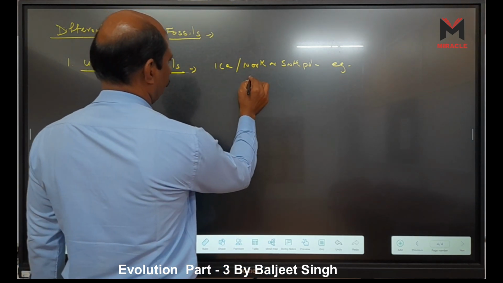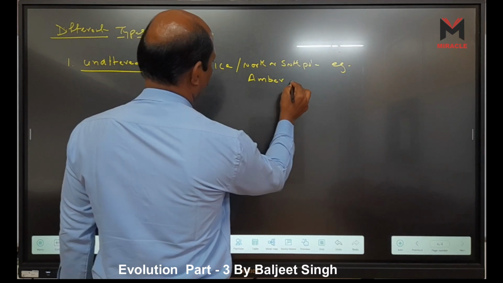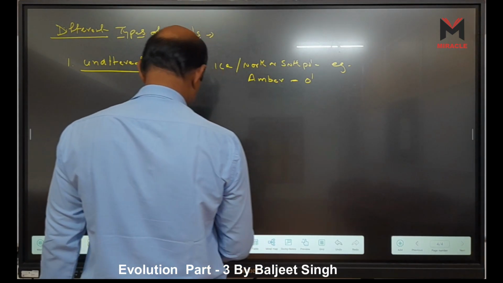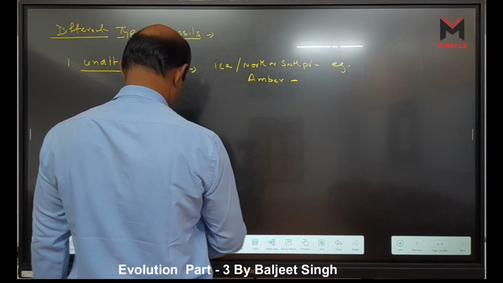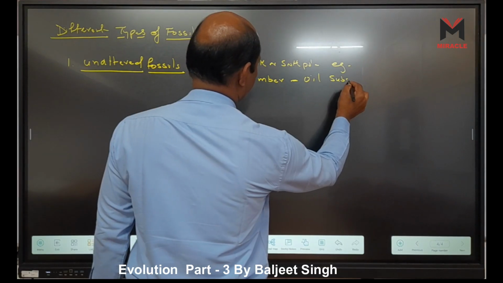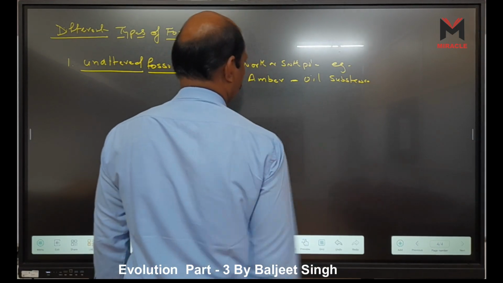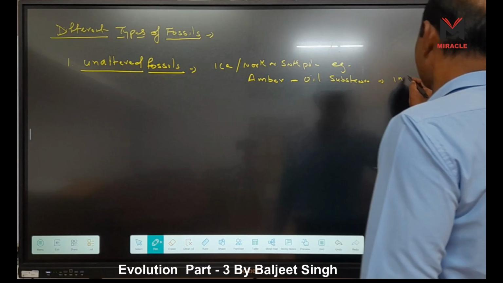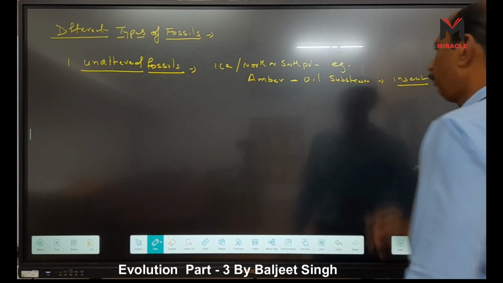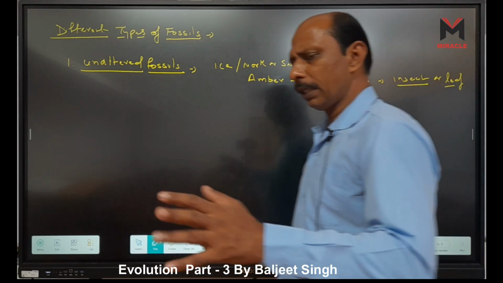amber. Amber means oil substances. They are present in oil substances, as for example some insects or leaves. If they are put into the oil substances, they cannot degrade.